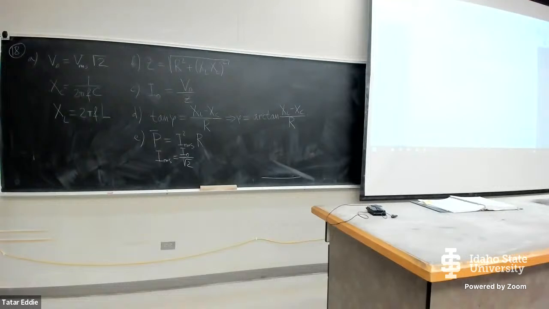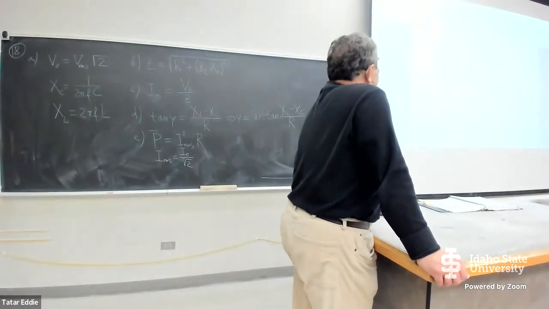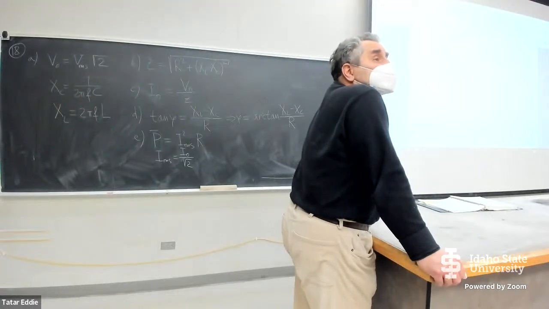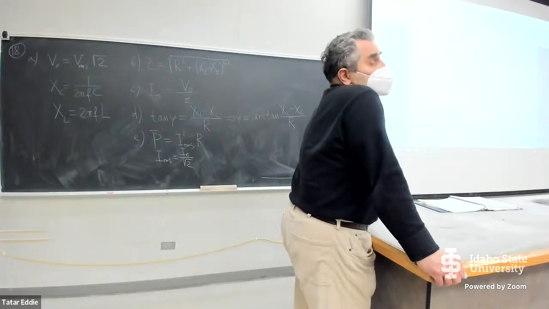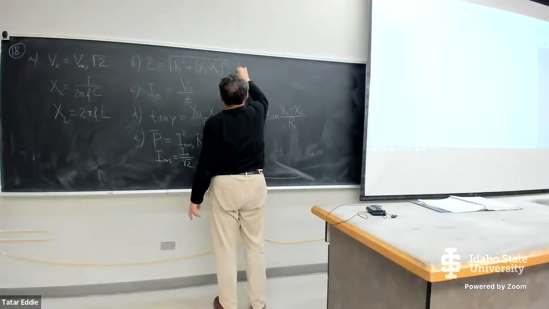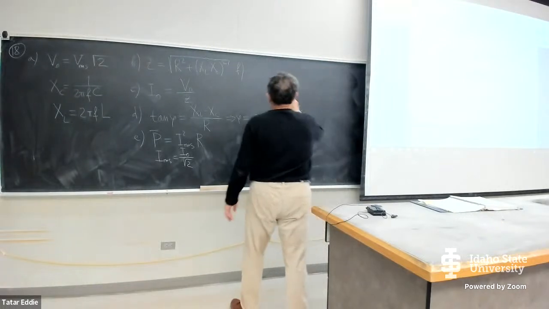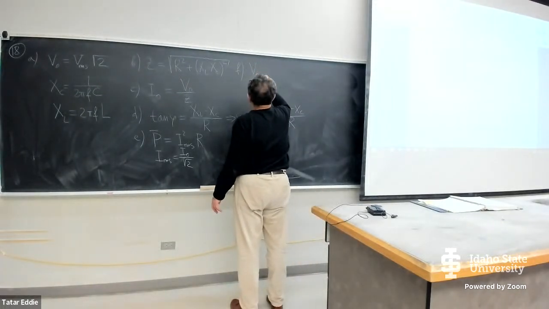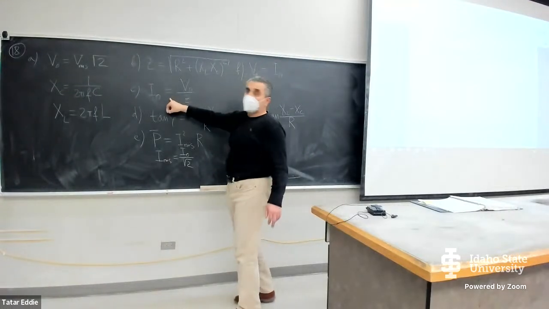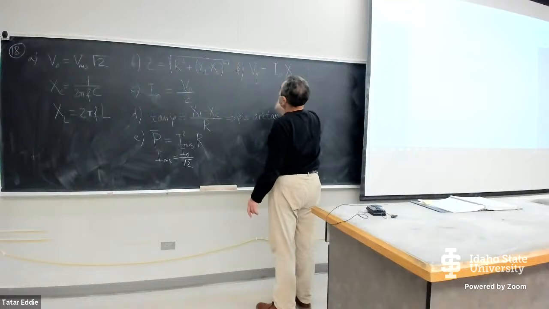Part F. What are the peak values of the voltages across the inductor, resistor, and capacitor? This is just a formula similar to Ohm's law. The peak voltage across the inductor is going to be equal to the peak current, which is known from part C, multiplied by inductive reactance.